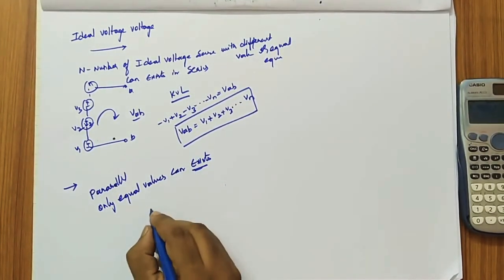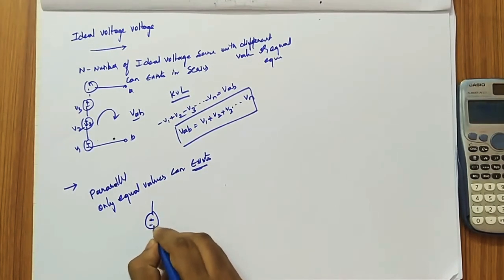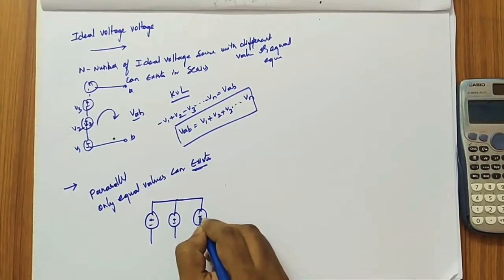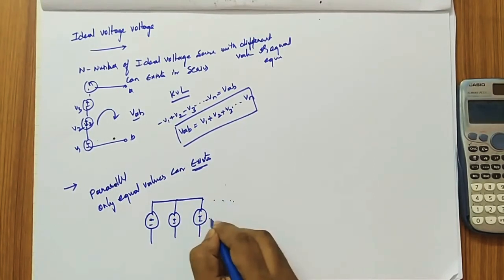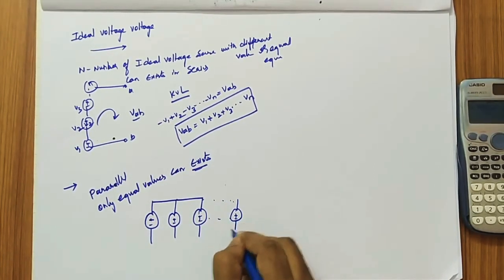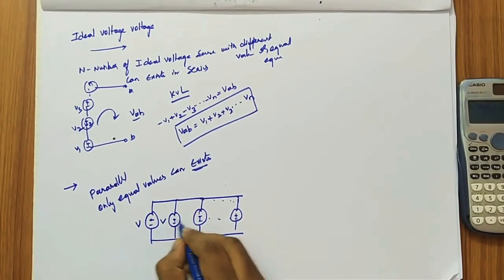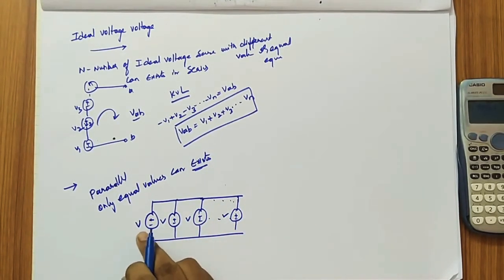Whatever voltage sources we connect in parallel, they all should be equal, that is V. So there is no V1, V2, V3.